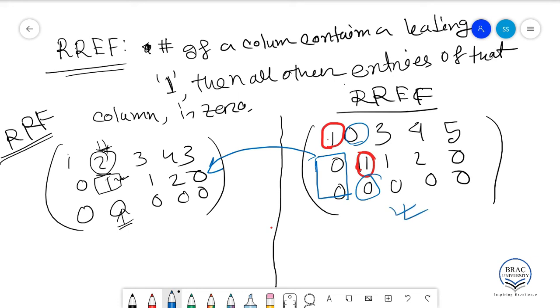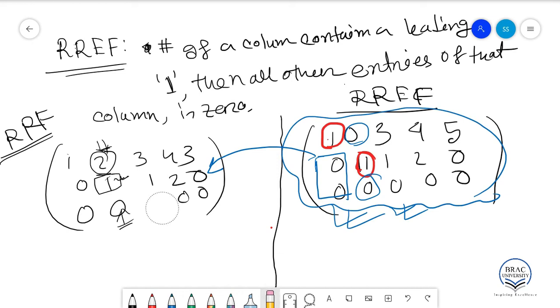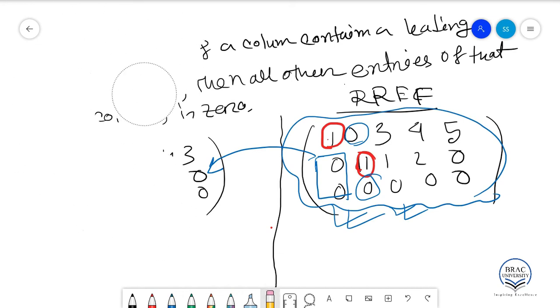And using this example, which I'm highlighting with the blue color, we will see how the idea of a free variable arises. So let me just erase this thing up.